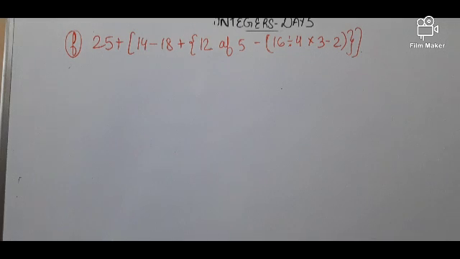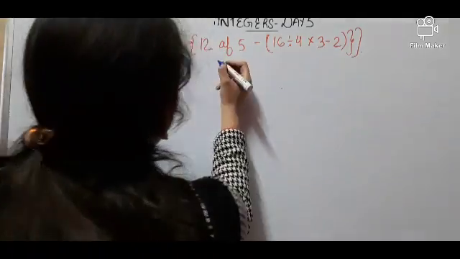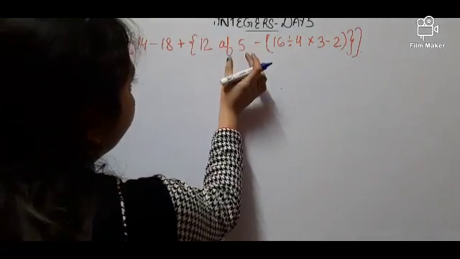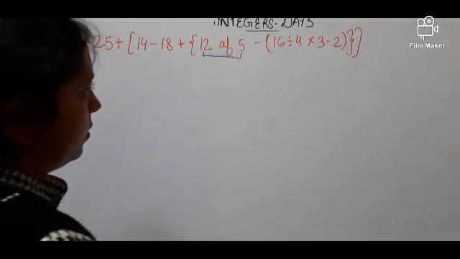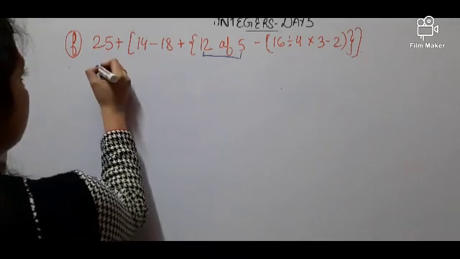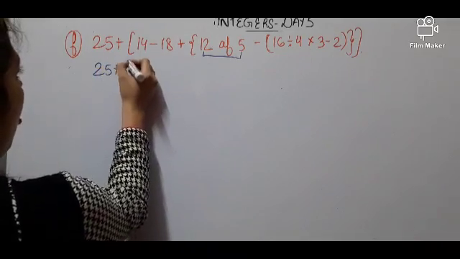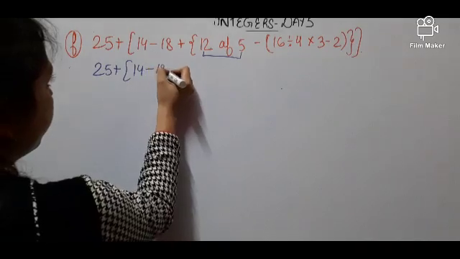So the next question: in this question we have brackets, addition, subtraction, multiplication and division, and we also have of. So first we will solve this of first. Of means multiply.